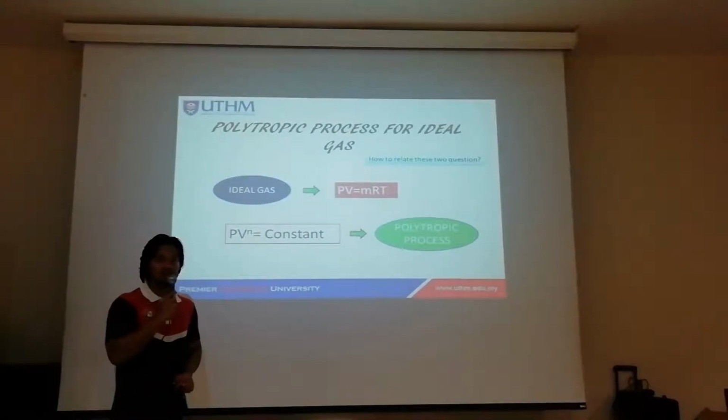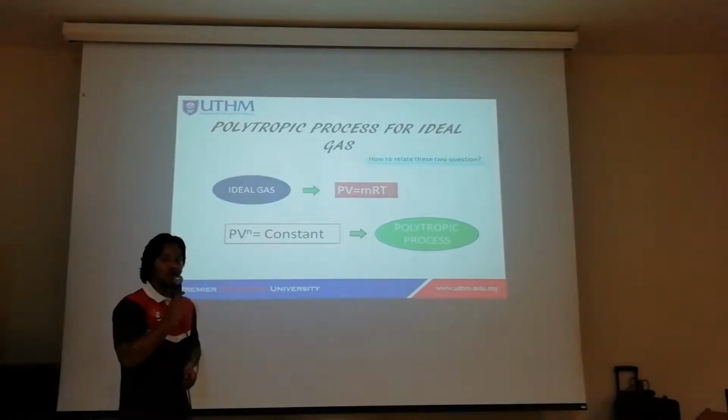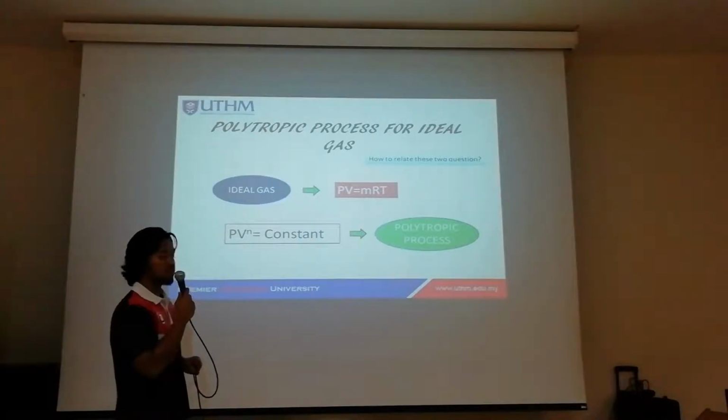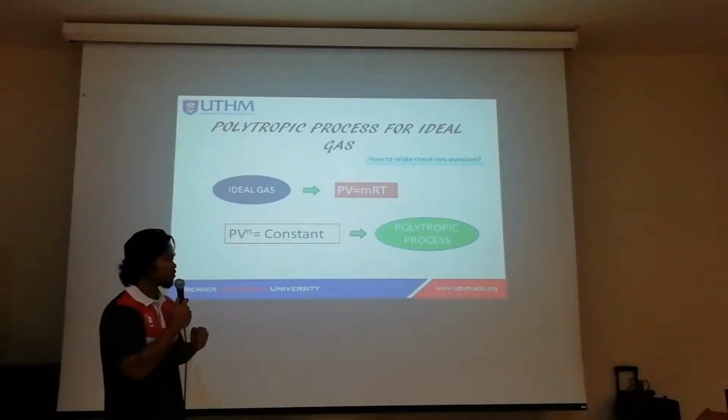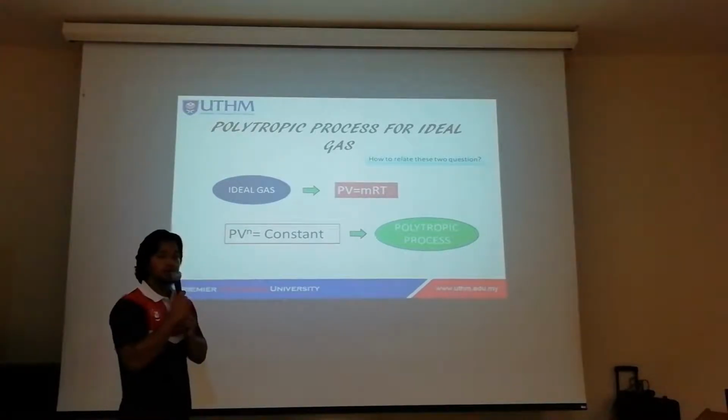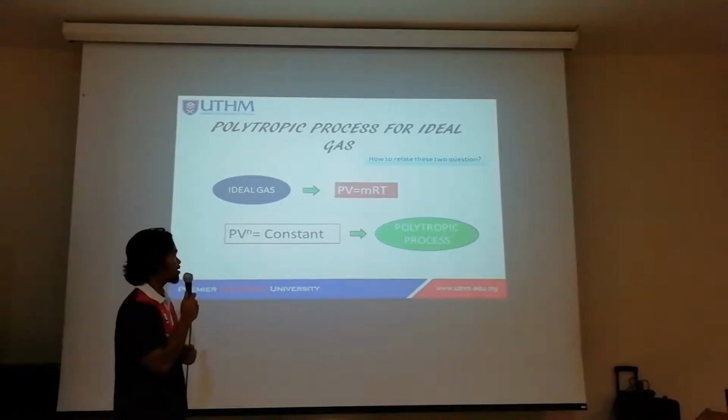Okay, before this, take a deep breath, because this will involve a lot of equations and derivations, and I hope you guys will stay with me to the end, so I might get you to understand what this is all about.